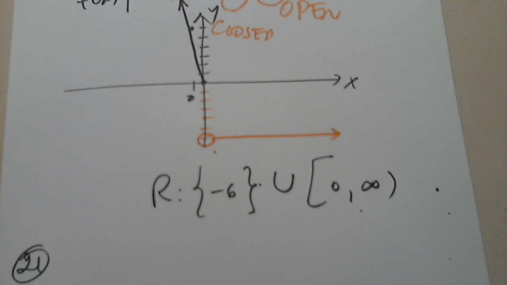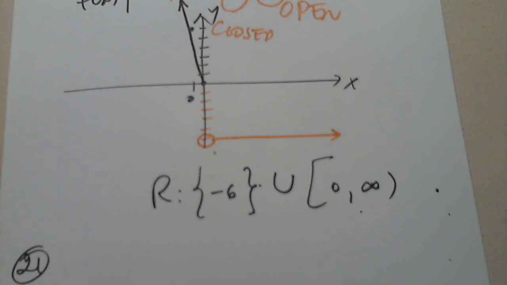So 1.2x cubed minus 35x squared plus 261x plus 567.